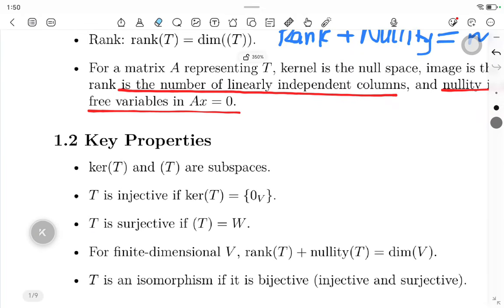If you solve the kernel, you find 0. And T is surjective if the image is equal to W, and all along when we were solving those linear maps, we were using this to be equal to this. You agree there, right?